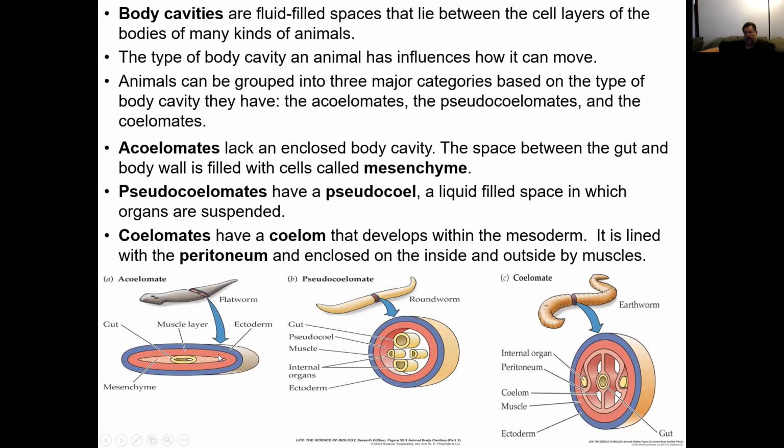There's no connective tissue separating them. So there's not true cavities. Now, pseudocoelomates have what they call a pseudocoel, which is a liquid-filled space in which the organs are suspended, but they're not completely enclosed from each other like a true cavity.